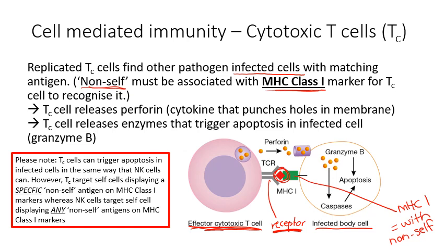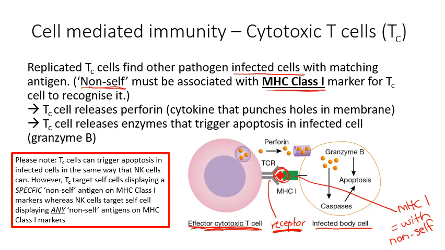If this cytotoxic T cell did not have the correct complementary shape, so it's not specific to this non-self antigen, the cytotoxic T cell would keep moving past this cell and it would not recognize that it had been infected. So it will only detect this cell as being infected if it has a complementary shaped receptor to the non-self antigen being presented on the MHC class 1 marker.